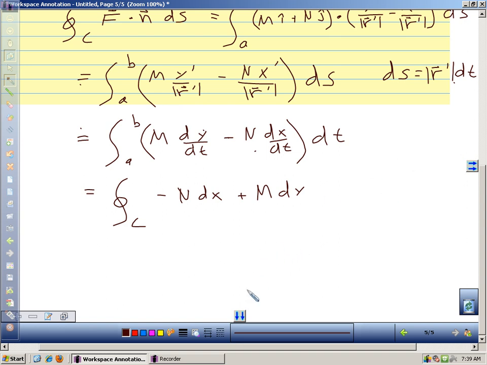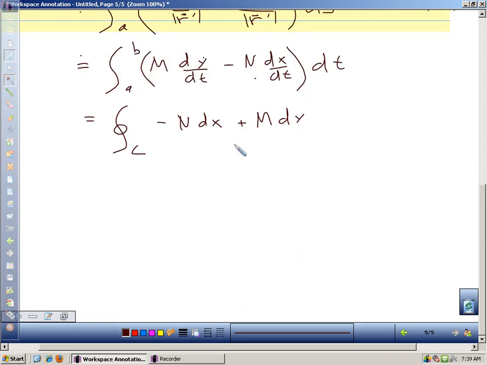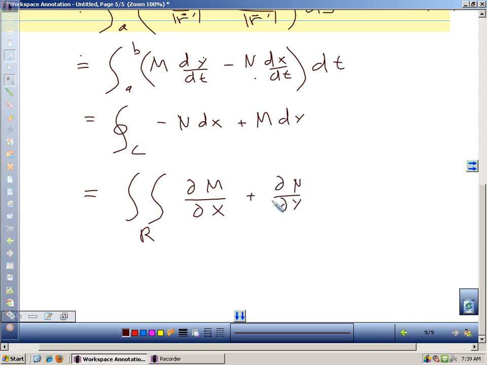And now we're going to apply Green's theorem to this line integral. So this finally equals the double integral over our region of dM/dx plus dN/dy dA.